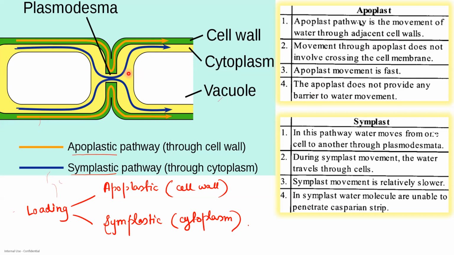This is your plasmodesmata, the connection, the opening, the junction that connects two adjacent cells.